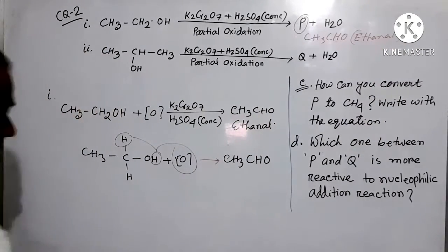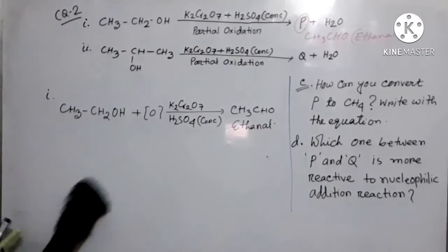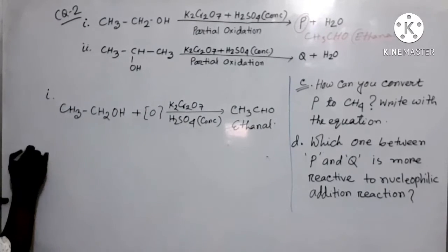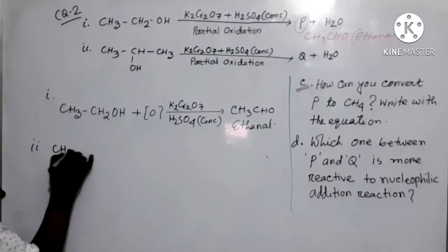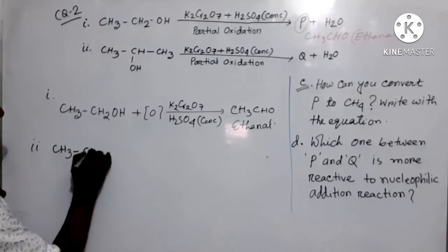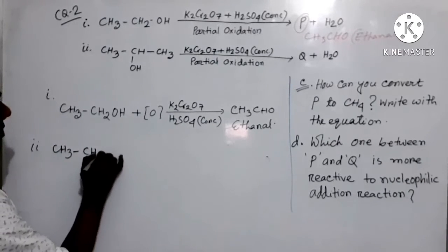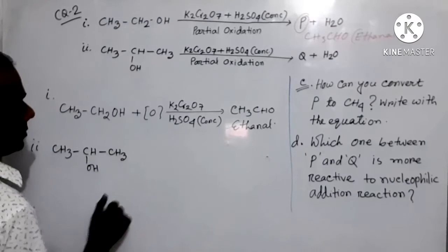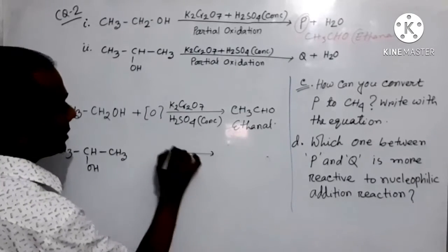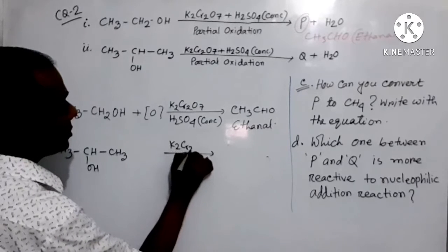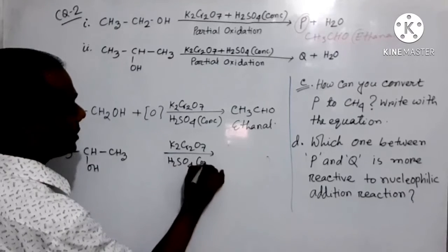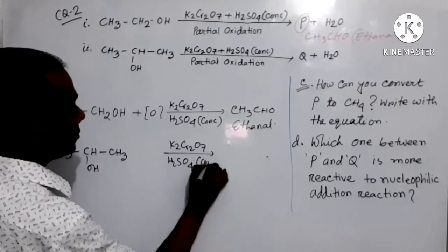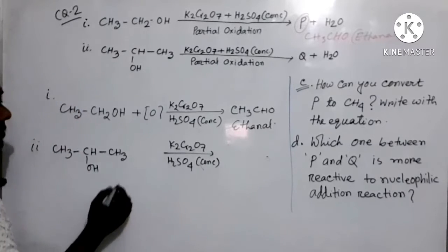And in our second reaction, here given is propanol-2, CH3CHOHCH3, with potassium dichromate, K2Cr2O7, and concentrated sulfuric acid, H2SO4.